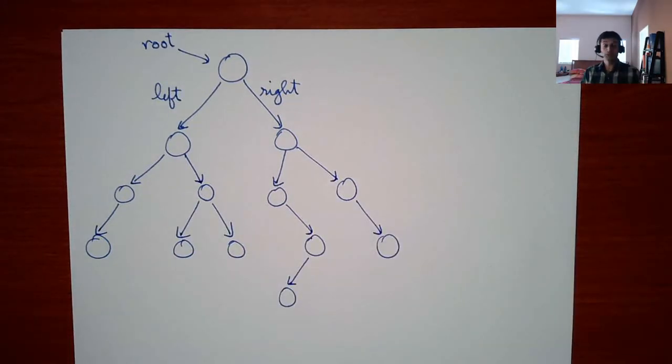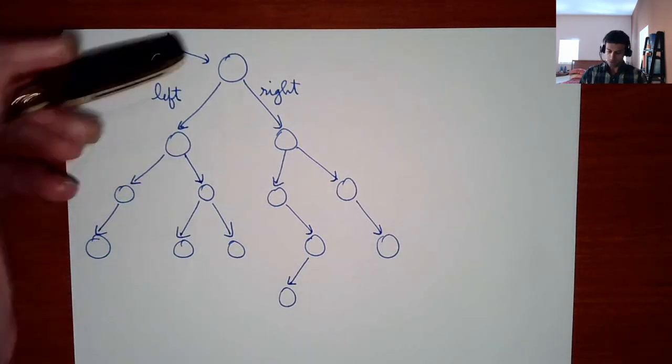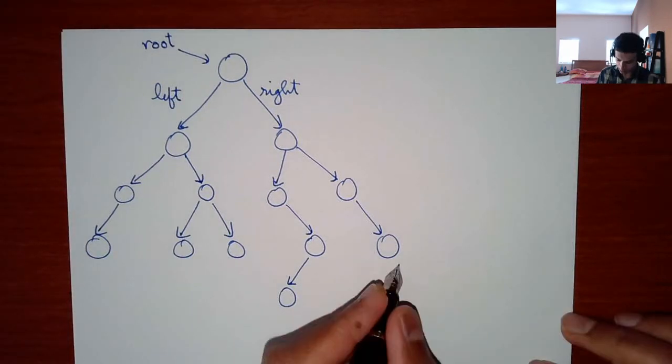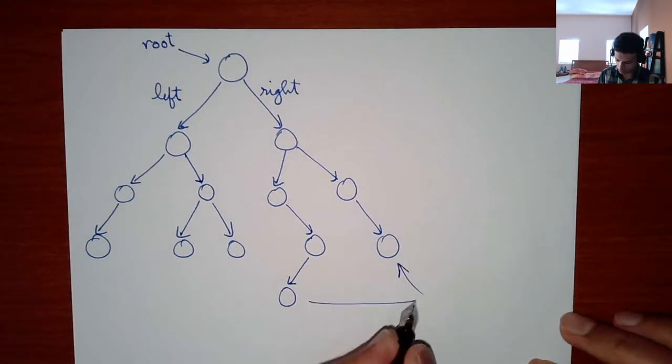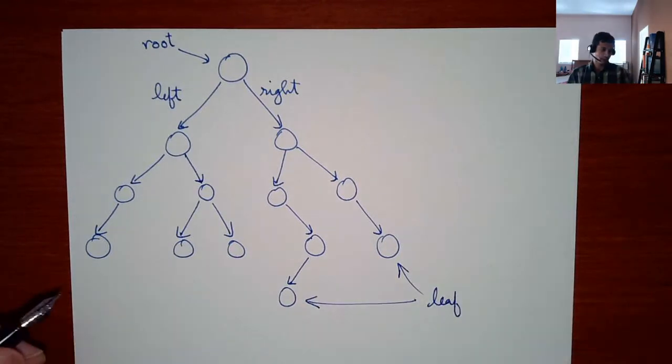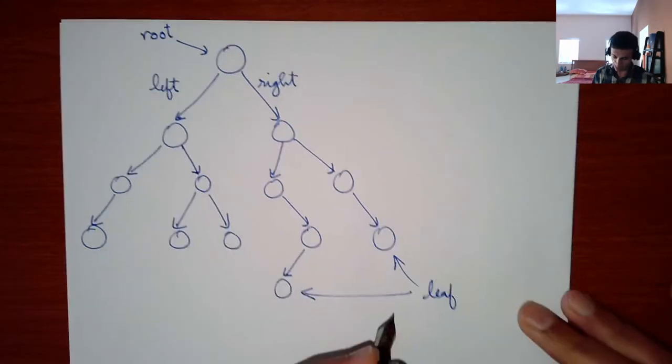There's a lot of terminology about trees that I would like to define right now, which is important to talk through the various procedures that we will have to implement, the operations. So the top of the tree is called the root. These nodes here are called leaves. So what is a leaf?